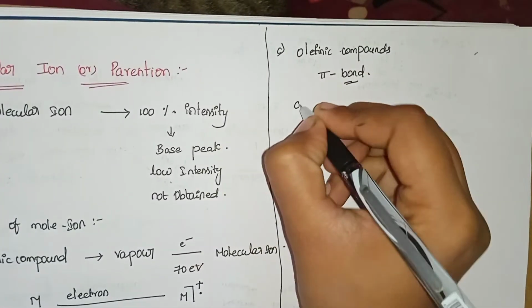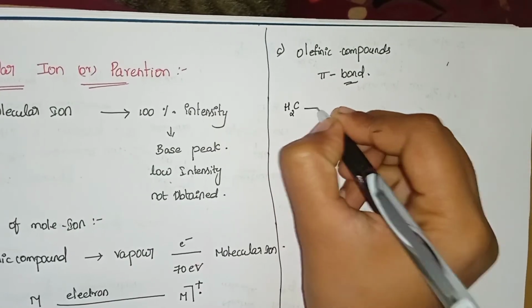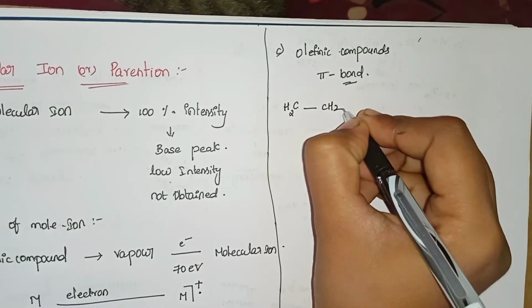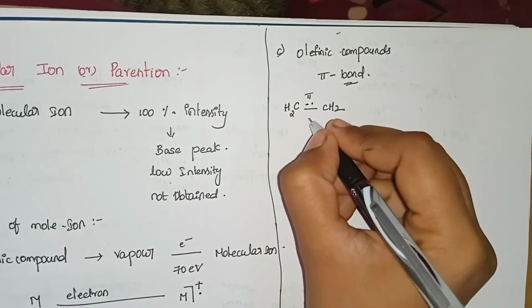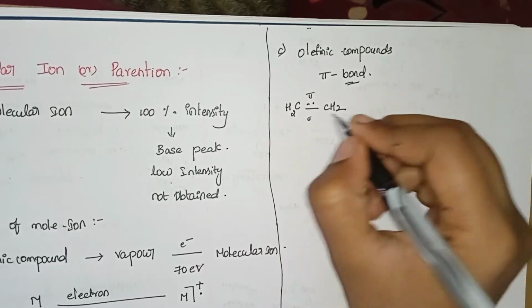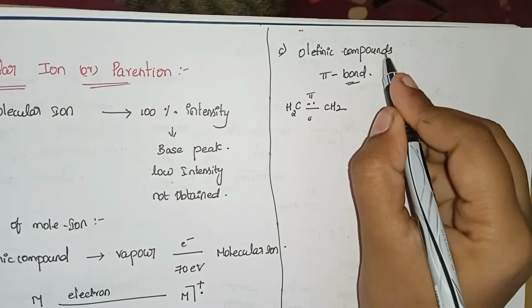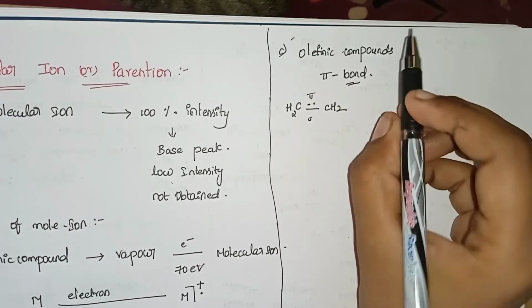For example, CH2=CH2 radical has a pi bond and a sigma bond. In this olefinic compound, a single electron is lost from the pi bond.